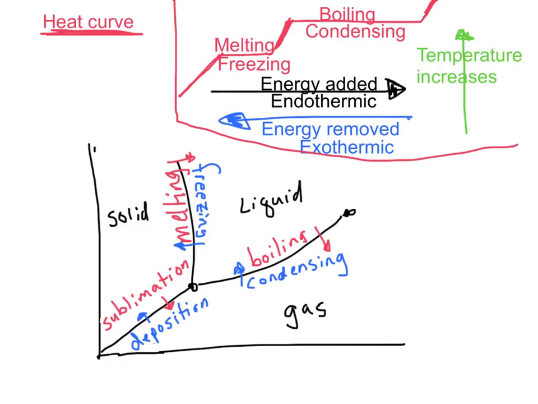I have to take out energy where the blue is concerned here: deposition, freezing, or condensing. So I need to be able to know which are exothermic and which are endothermic, and I need to know the phases of each. I also need to know when temperature is decreased, what happens to the different states.